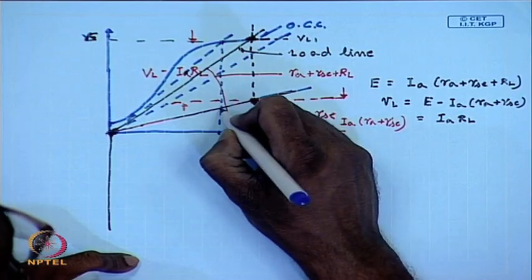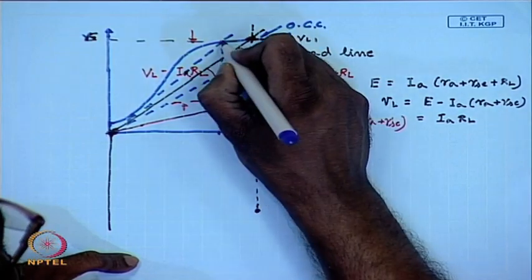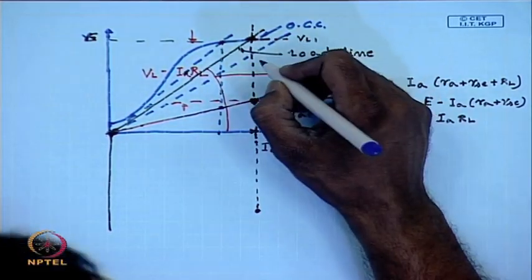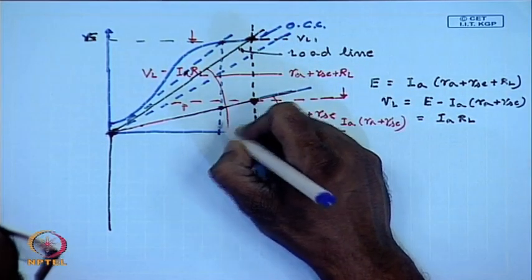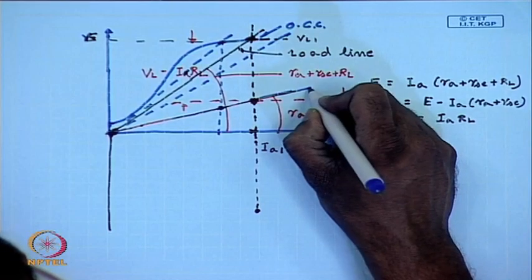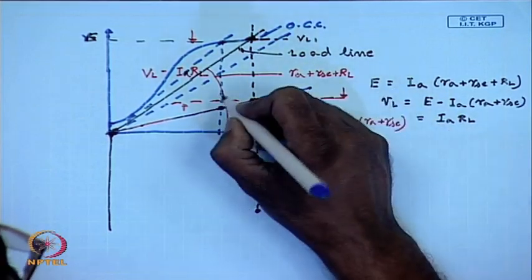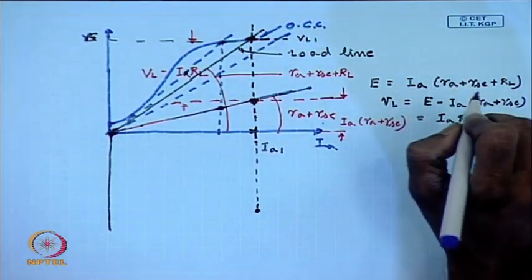However, the vertical distance between the point where it intersects the OCC and the point where it crosses the armature plus field resistance line is the terminal voltage.